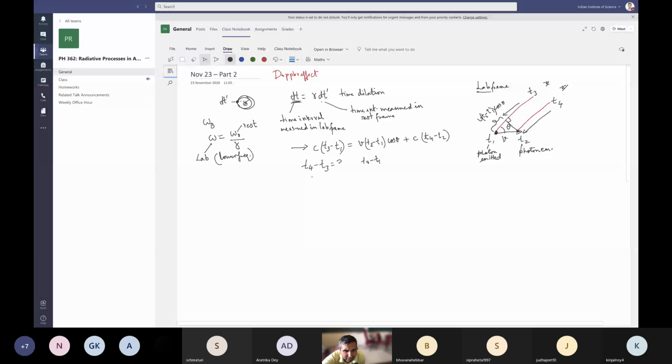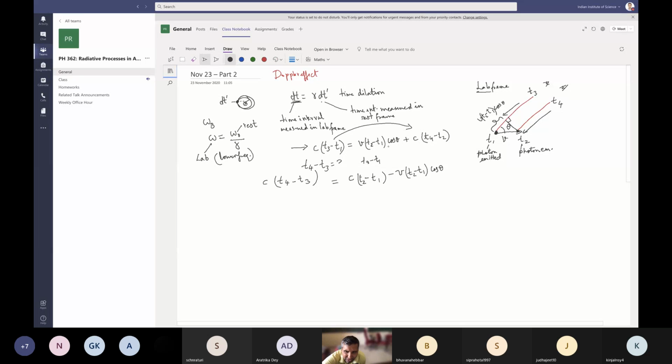So let's rearrange it. c times (T4 minus T3). What am I doing? I am bringing that in this direction. So this is equal to, T4 and T3 go there, T2 and T1. So c times (T2 minus T1), and that goes in the other direction, minus v times (T2 minus T1) cos theta.